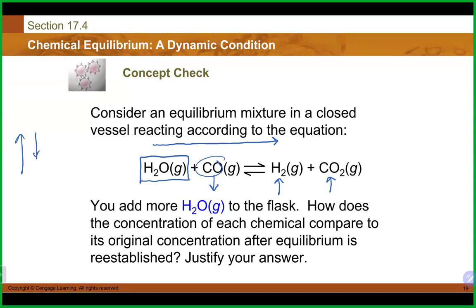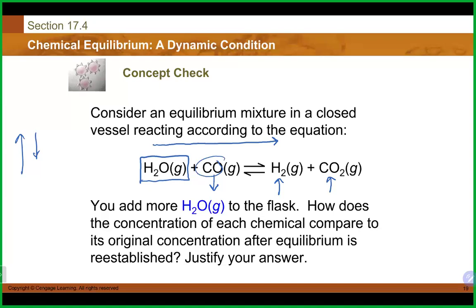It may actually end up higher than it started with only because you added it. You kind of artificially raised it. But overall, what will happen is the H2O should start to come back down as it's reacting with the CO in the forward direction. And again, that should increase our products in this case. Any questions on that?